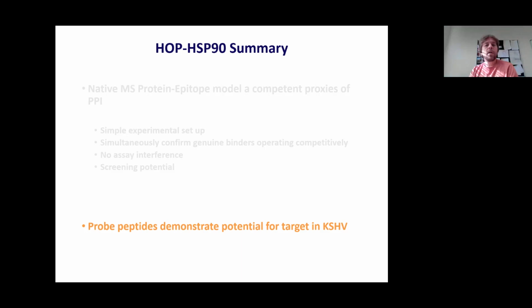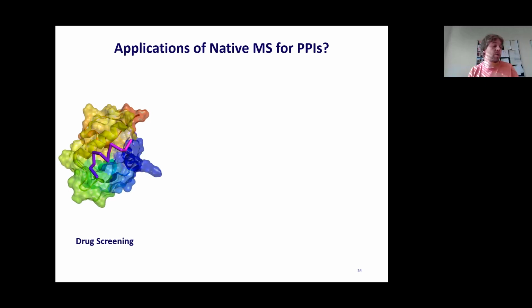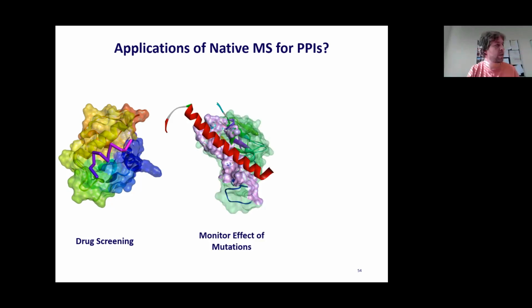Okay, now the application. Of course, we've made this protein-protein interaction model. This could be used for screening, but a big drawback at the forefront of our minds is that we are still reliant on the presence of structural information to develop our protein-protein interaction model. So this hampers us for things like monitoring effective mutations.